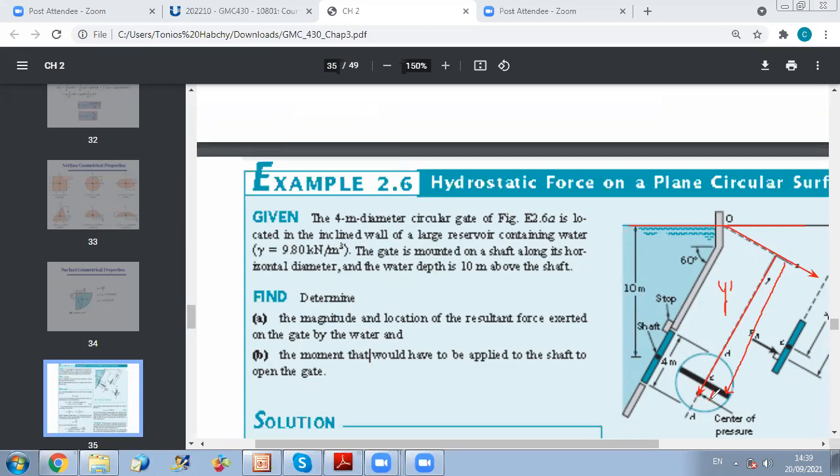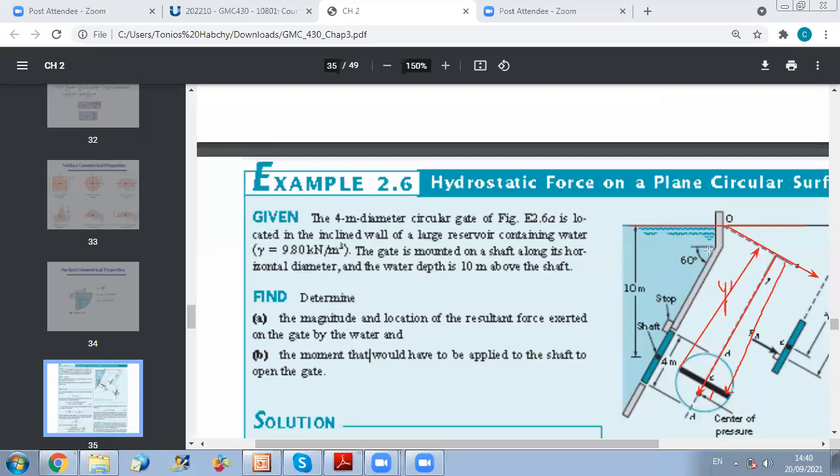So now we will consider the general formula Y prime equal to YC plus this distance. To find this, first, what is Y of C? It is the distance here, this one. To find this distance, it's very simple. All we have to do is consider the inclination angle theta.